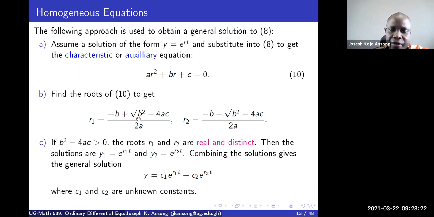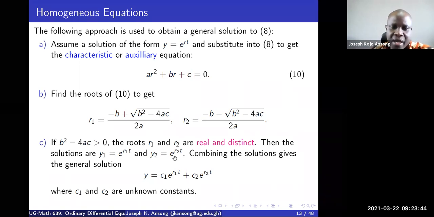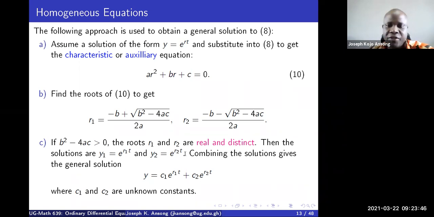Depending on the nature of the discriminant, b squared minus 4ac, you have different kinds of roots and different kinds of solutions. If the discriminant is positive, R1 and R2 are real and distinct roots. Then you have two distinct solutions, y1, which is e to the R1t, and y2, which is e to the R2t.